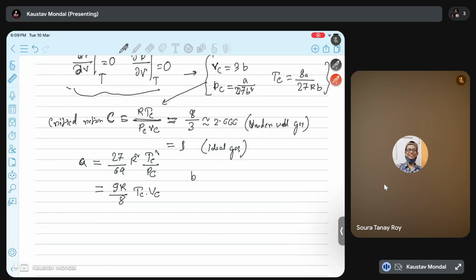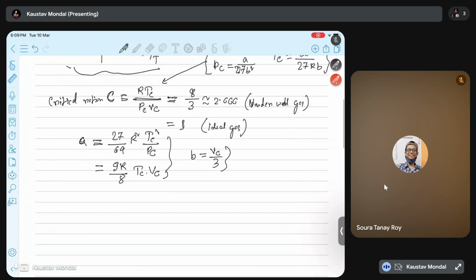You can write b also as Vc by 3. So depending upon the problem, you have to use these different versions of the relation, either in terms of Tc Pc, or Tc Vc, or Pc Vc.